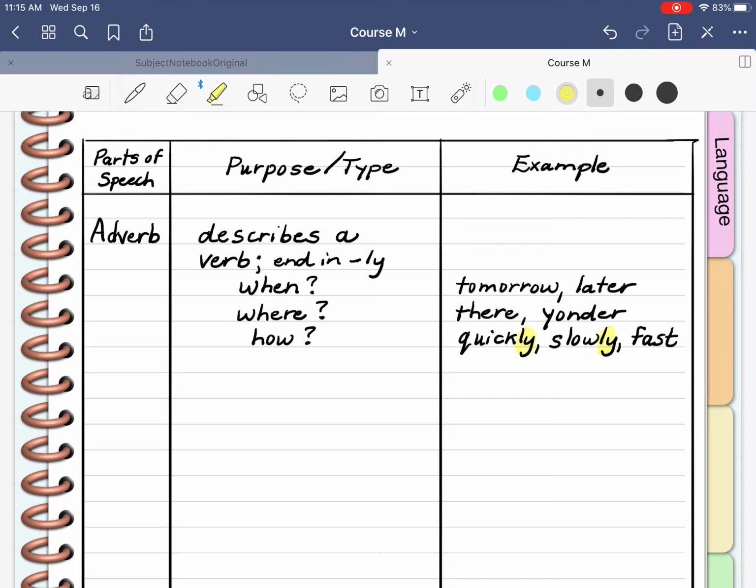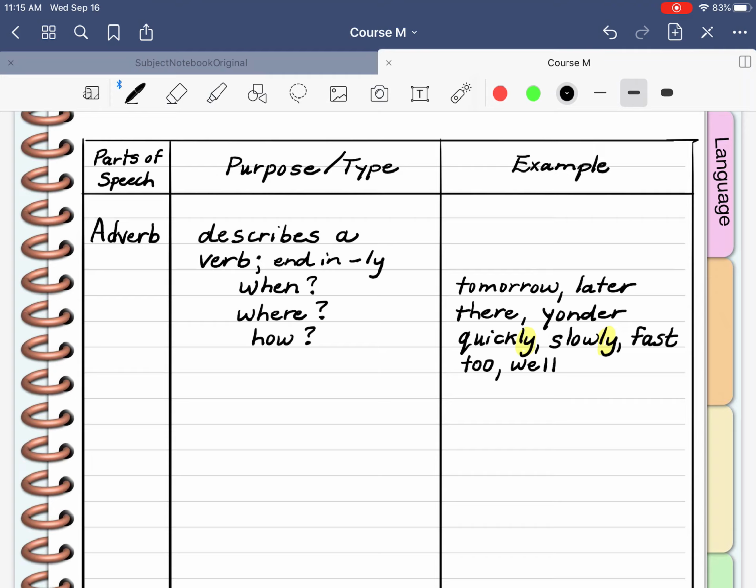And that is really all that we need to look at. Let me give you just a few more here. Too is an adverb. The word well is an adverb. I'm trying to think of any others.